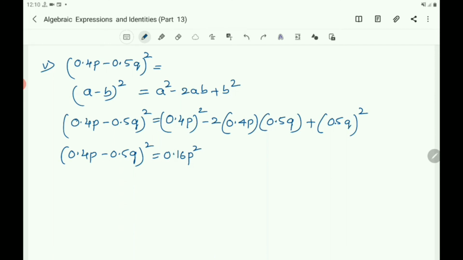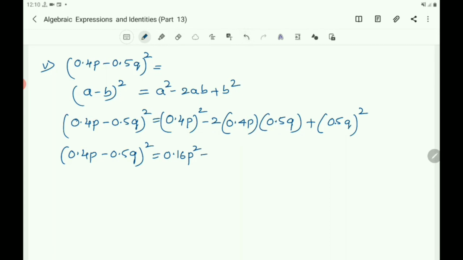Then the product of 2 into 0.4p into 0.5q. 2 4s are 8, 8 5s are 40, and here decimal points 1 plus 1 you will get 2.